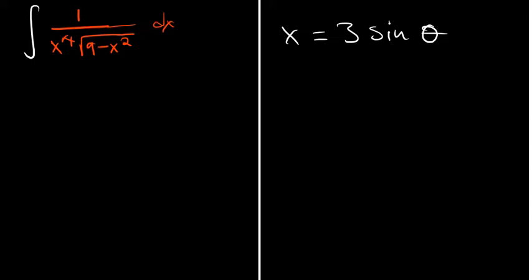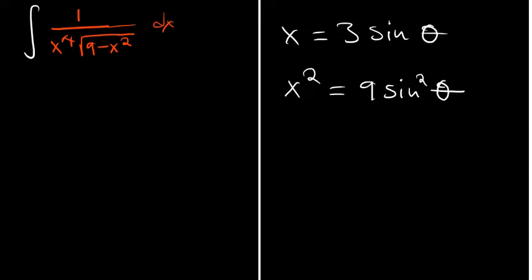We need now to substitute the value we have, which is 3 sine of theta, in the function we have. We know that we need to put x squared. So what is x squared? If we square our x, it's going to be 9 sine squared of theta.